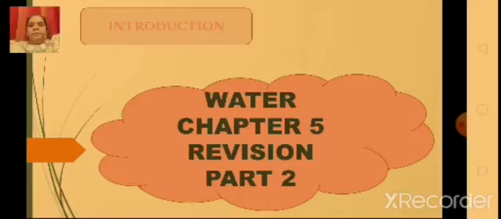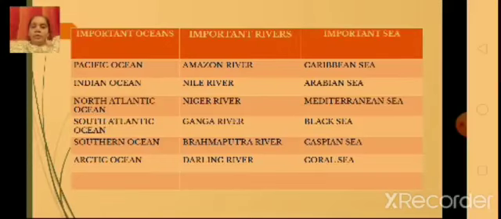So children, in this session we are going to start with important oceans, important rivers and important seas, right? Before we proceed, requesting you all to keep your notepad and pen handy to jot down the important points.